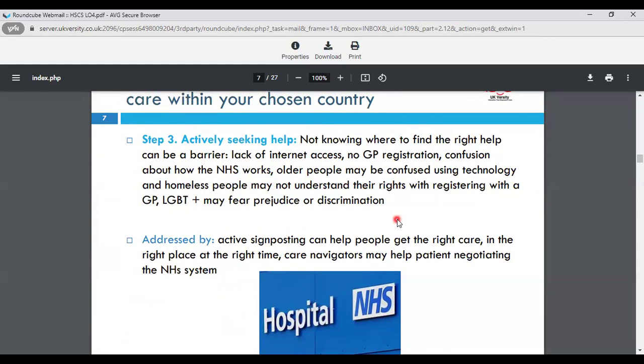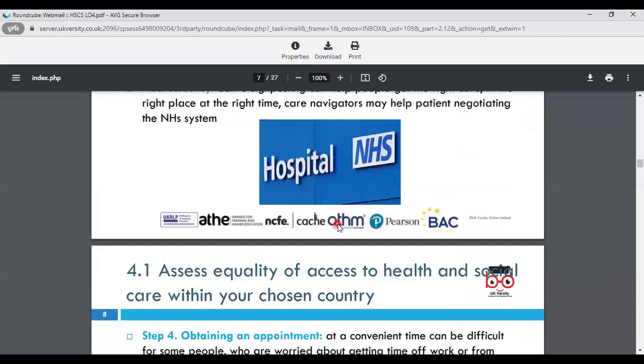There may be homeless people who may not understand their rights when registering with a GP, and LGBT groups that may fear prejudice or discrimination. This is addressed by active signposting that can help people get the right care in the right place at the right time. Care navigators may help patients negotiate the NHS system.